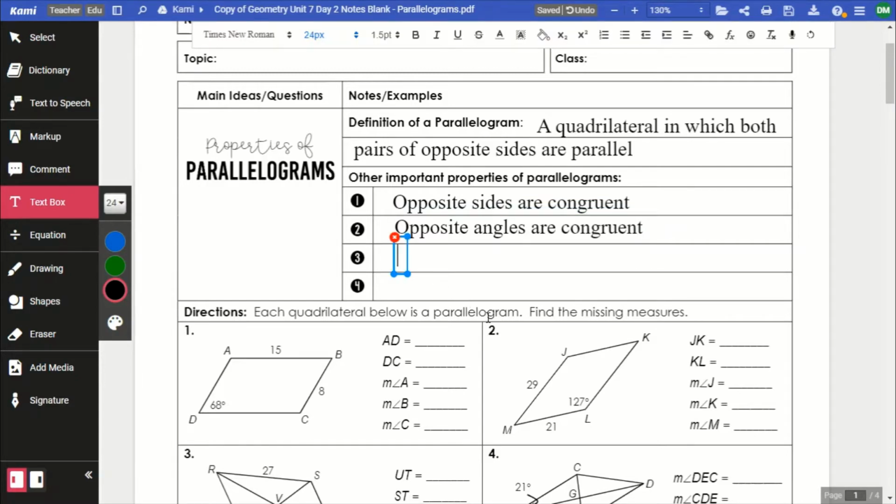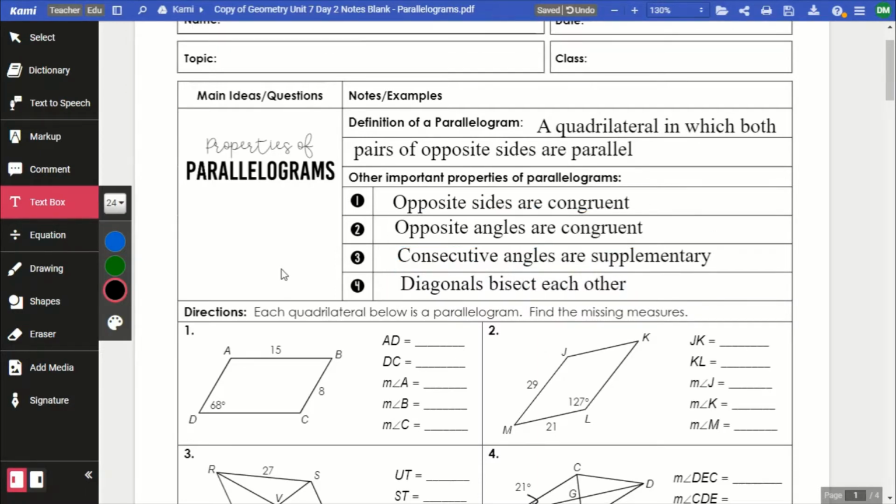In any parallelogram, consecutive angles are supplementary. And that one is pretty easy to prove just by the definitions of parallel lines and some of our properties that we've used there. And then our final property of parallelograms is that in any parallelogram, the diagonals bisect each other.